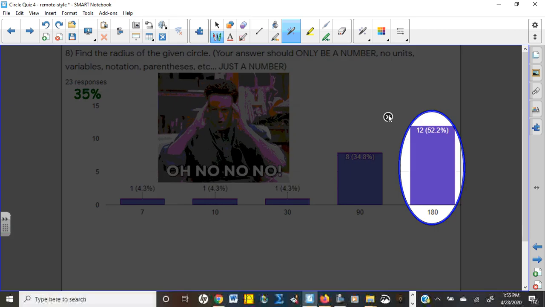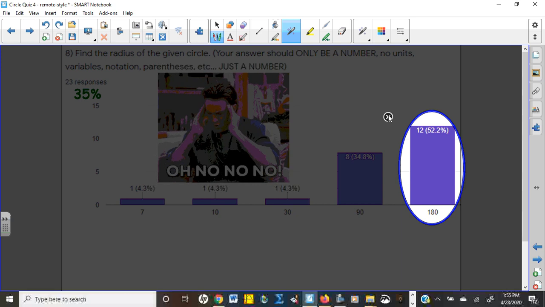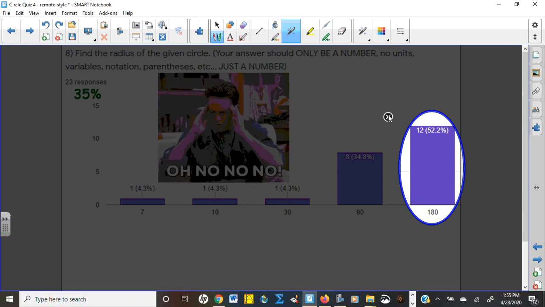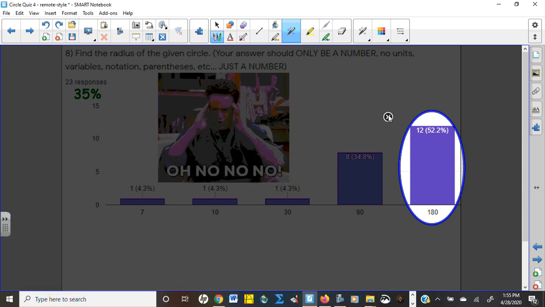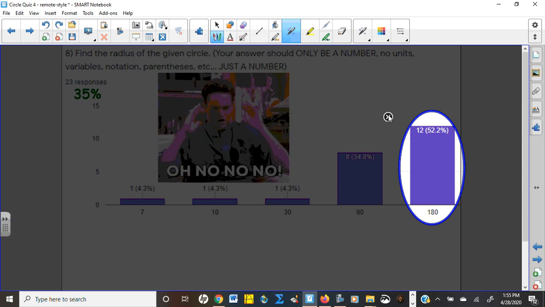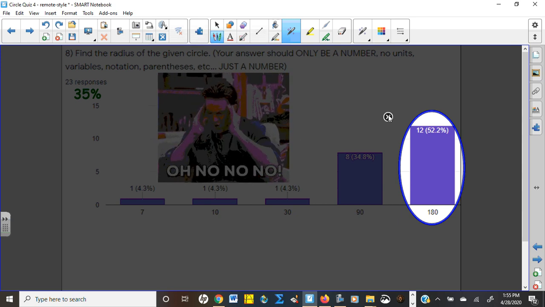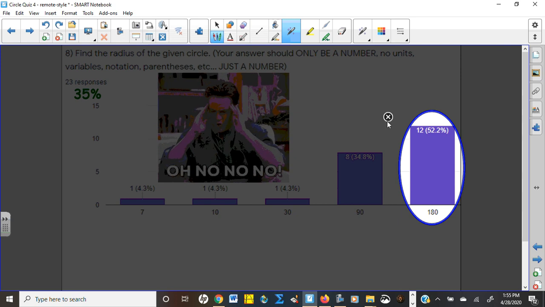So it looks like we really need to go back and study those inscribed angles. I mean, you guys have a summative quiz next week. So we're reviewing this week, but you have a big summative quiz next week. And you can imagine there's going to be a ton of inscribed angle relationships on there.